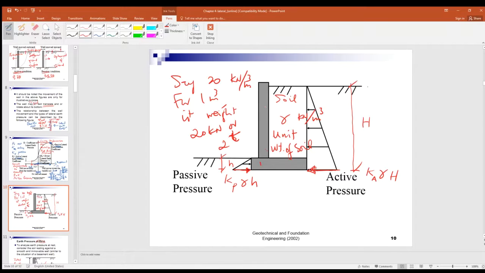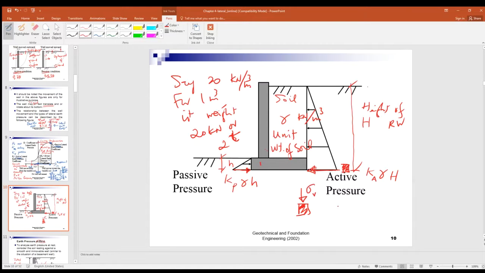Okay, now we have got gamma, right? The unit weight of soil. Now, if the retaining wall is up to h meters high, that's the height of the retaining wall. You know RW, retaining wall, is h. So what is the vertical stress here? Now take this element. What's the vertical stress here?